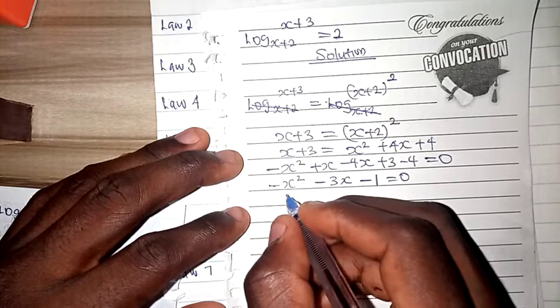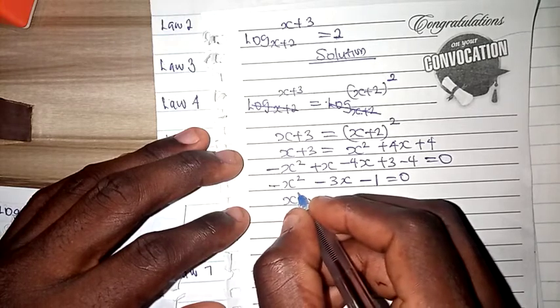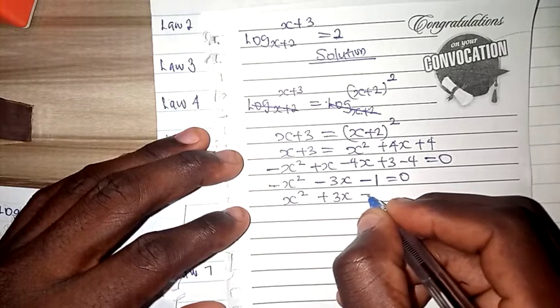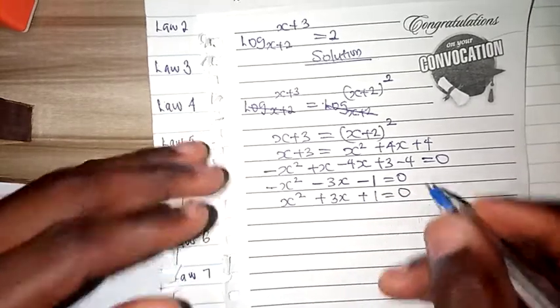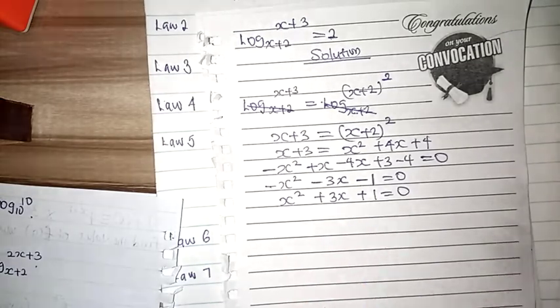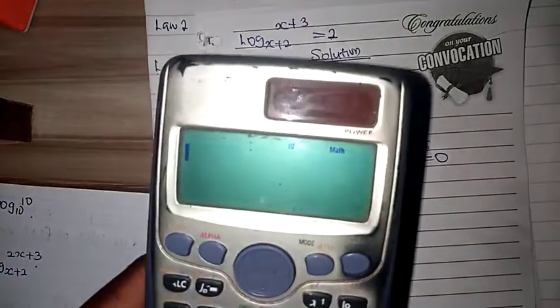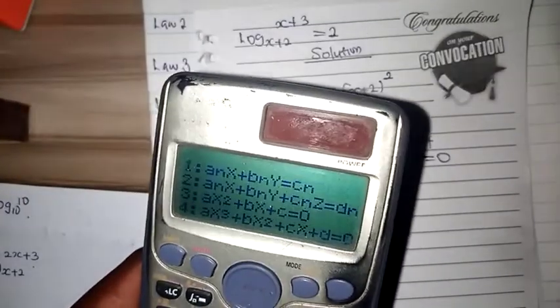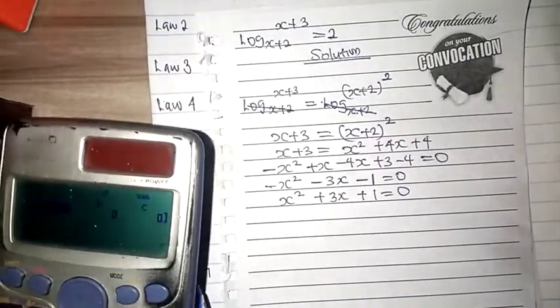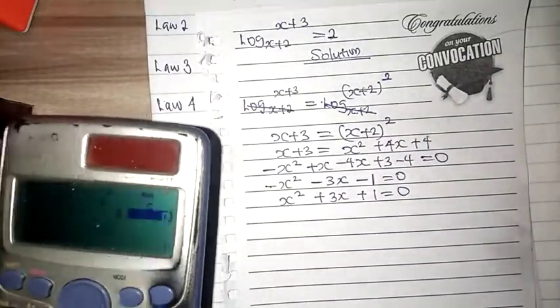Then we have x squared plus 3x plus 1 equal to 0. So without wasting much of our time, you can use your calculator: press mode, then press 5 under 3, then press the coefficients 1, 3, 1.